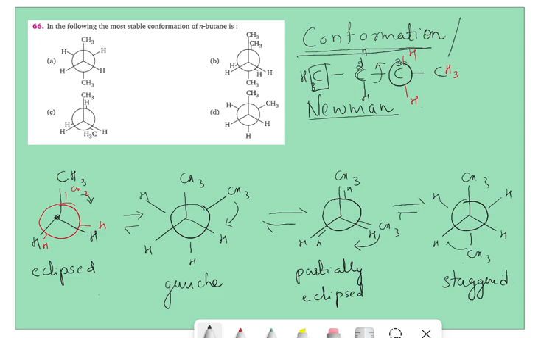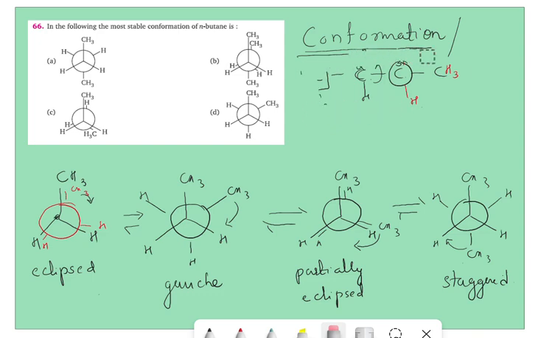Then again what happens? The methyl will move here, then here, then here, right? So 3 times. Then you will get completely eclipsed, then gauche. So it goes on. Once you write all these structures from eclipsed to gauche to partially eclipsed to staggered and the other way around, we get different conformations which have different stability. Why do they have different stability?